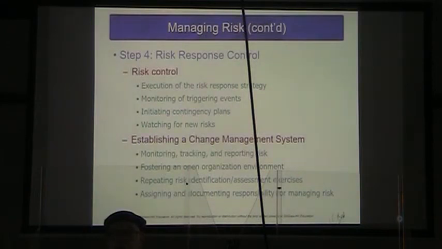We monitor the triggering events that would cause a strategy to be implemented, so that if the triggering event happens, we start implementing that strategy. We implement our contingency plans, and we keep watching for new risks. If a risk occurs, that is exactly the time that, once we've got the response underway, we start looking at what are new risks that might arise out of this.